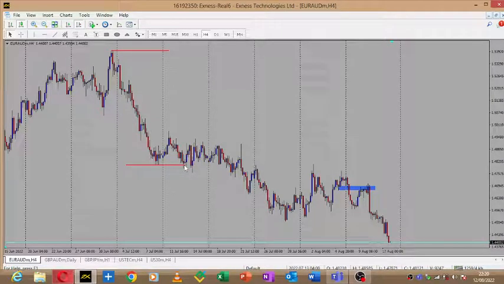I see this low right here, and then we formed this high right here, and then we came and formed this low right here, and then we came and did that right there, and then we came and did that right there.